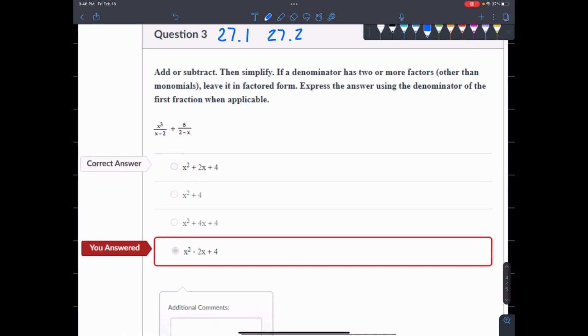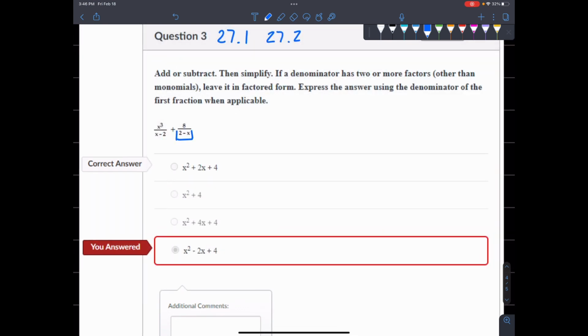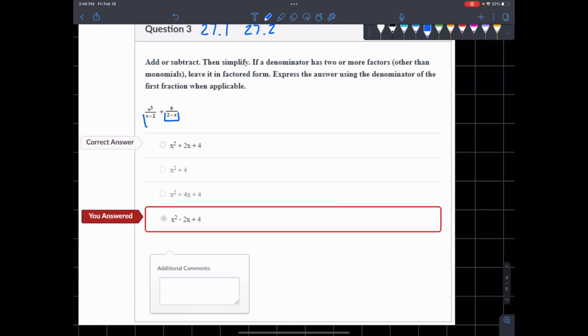So something I see between these denominators is that this denominator right here is this denominator if we multiplied it by -1. So let's pull a -1 out of that denominator in the second one there. The first one doesn't change, x minus 2.